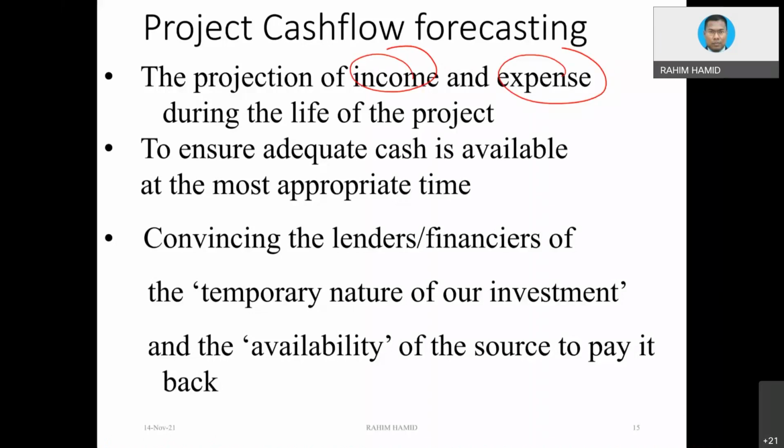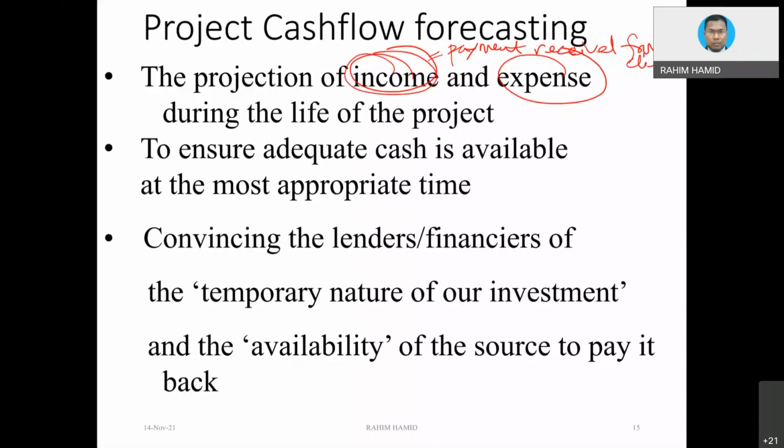This is just an example. The income that we refer to, from the point of view of the contractor, is equivalent to payment received from the client.